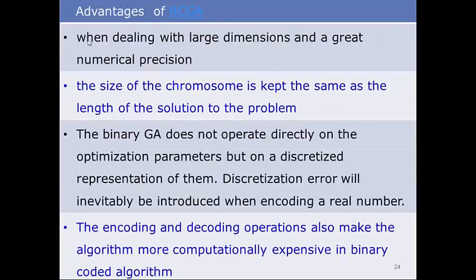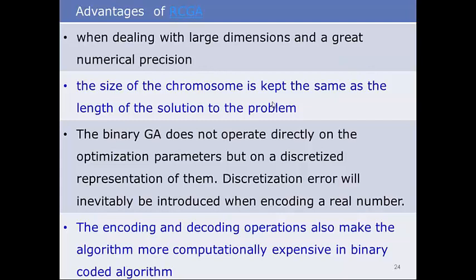Advantages of RCGA: when dealing with large dimensions and great numerical precision, the real coded genetic algorithm is useful. Because in the case of binary genetic algorithm, if we want more precision, we have to increase the number of binary digits in that gene. So the total string size becomes very huge, and to operate and handle that becomes very complicated.